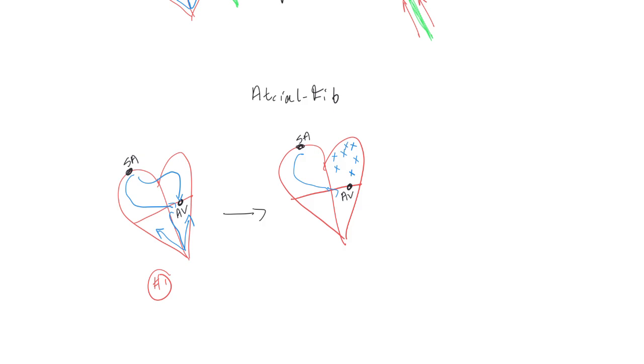And so now, instead of the AV node picking up in heart number one, this coordinated electrical impulse that has traveled smoothly from the SA node through the atrium to the AV node, you have all these chaotic firings hitting the AV node and causing it to fire.